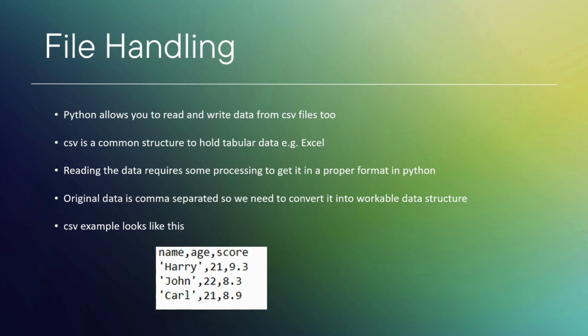It is comma separated values, which means each value is separated by a comma, and a comma means the next column begins there. The first line is the headers, or the names of the columns, and then three lines are three data rows. The first one is Harry, age is 21, score is 9.3. For the next row, name is John, age 22, score 8.3, and so on.